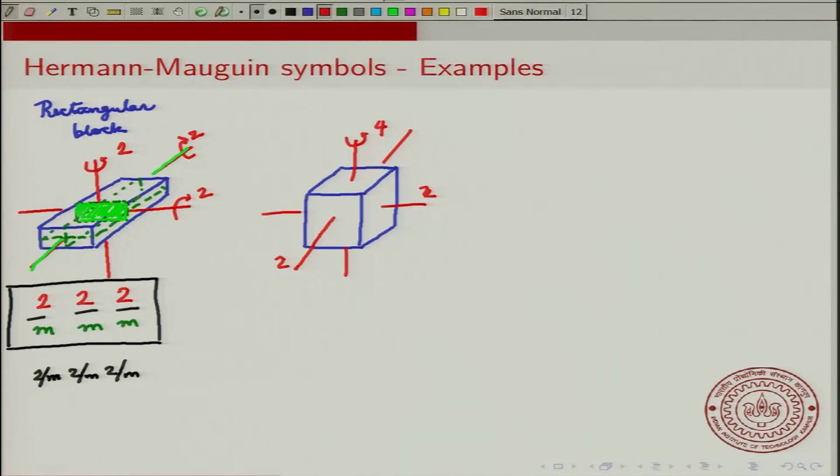Now, what about the mirrors? We definitely have one mirror that is perpendicular to this four-fold axis, and I will show it in this way.